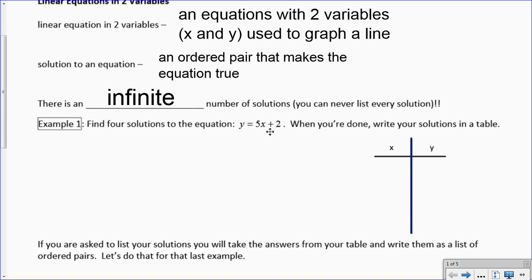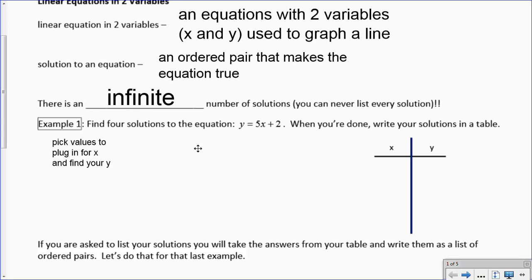Remember, x is representing our input values, y is representing our output values. So we pick the values we plug in, and that's going to tell us what comes out for the y. So we get to pick our x values, and then the equation will tell us what the y value is. So it doesn't matter what you pick.